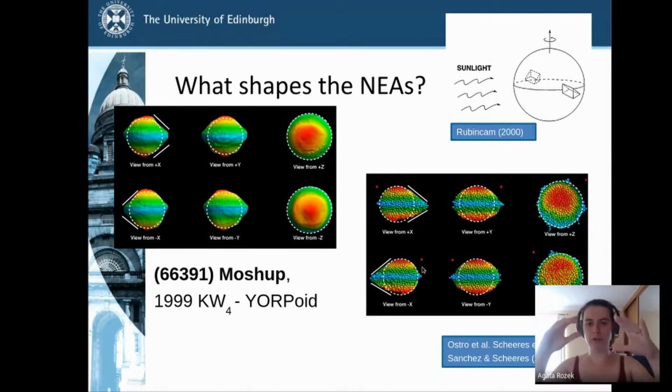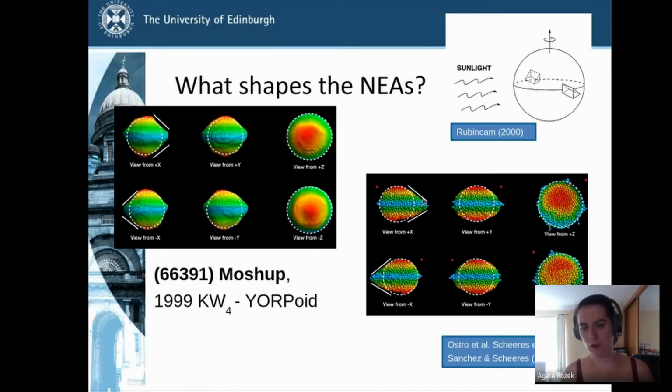So material from the polar regions of the body can migrate towards the equator, creating what we call an equatorial bulge. So this is the images of an actual 3D shape model developed from radar observations of asteroid Moshup.